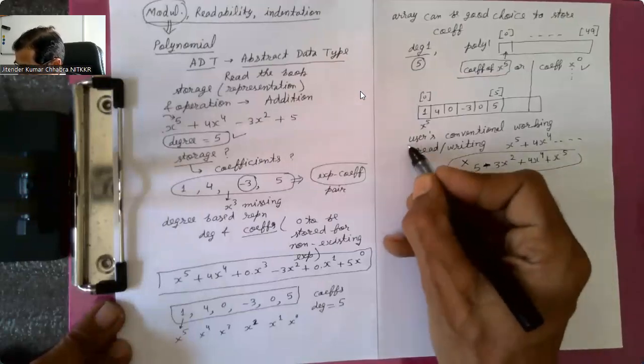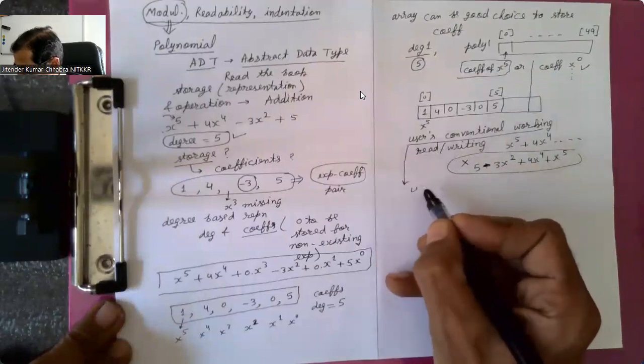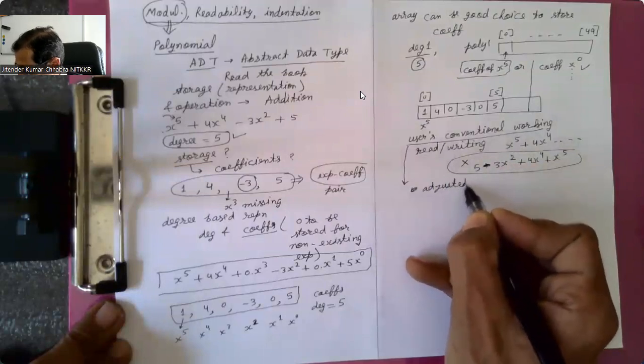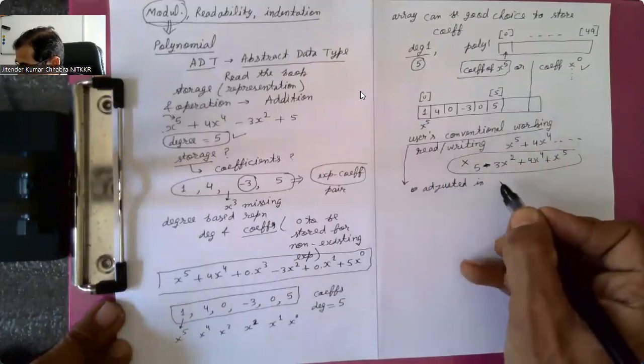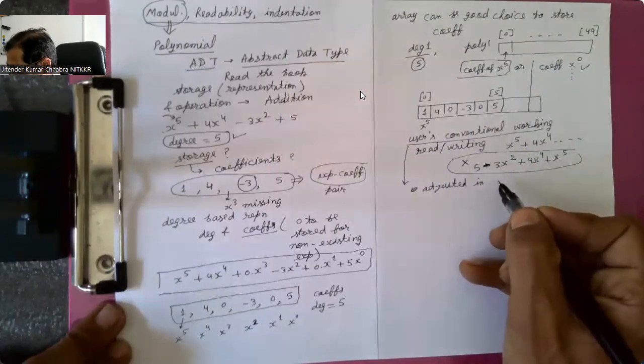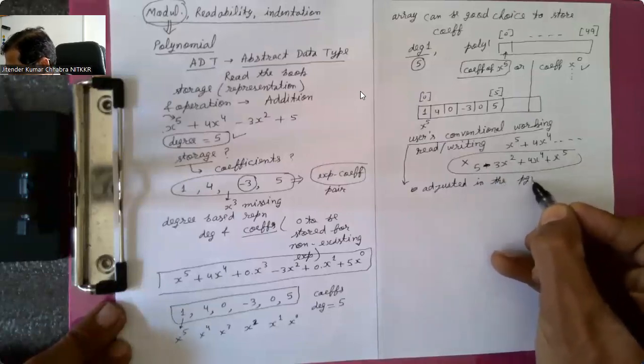So the first rule is to always keep in mind that the user's convenience has to be adjusted in the program's logic, and you should not unnecessarily ask the user to input or write the polynomial in the reverse order. So this can be adjusted in your program's logic.